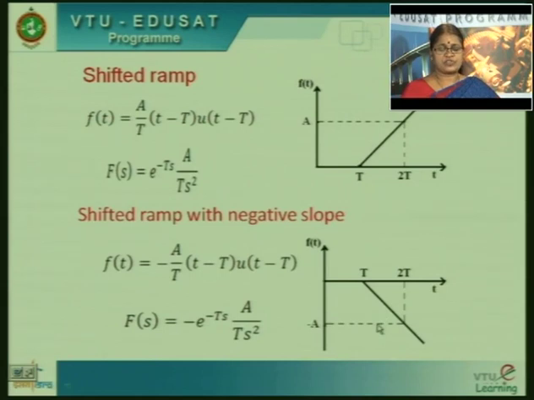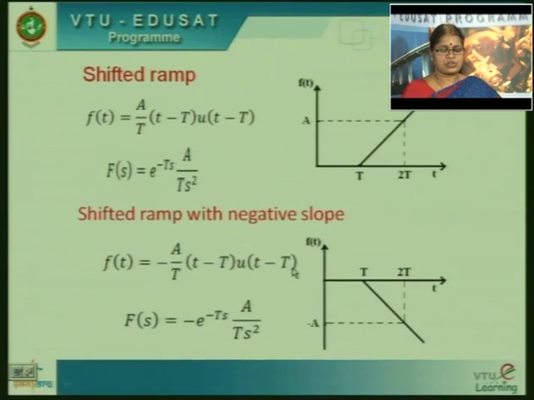Since it is a negation of this function, the equation of this function f of t is minus A by T into t minus T u of t minus T. So, what is the Laplace transform of this function? The Laplace transform of this function is the negation of the Laplace transform of the previous function. So, it is minus e power minus Ts into A by T s square.